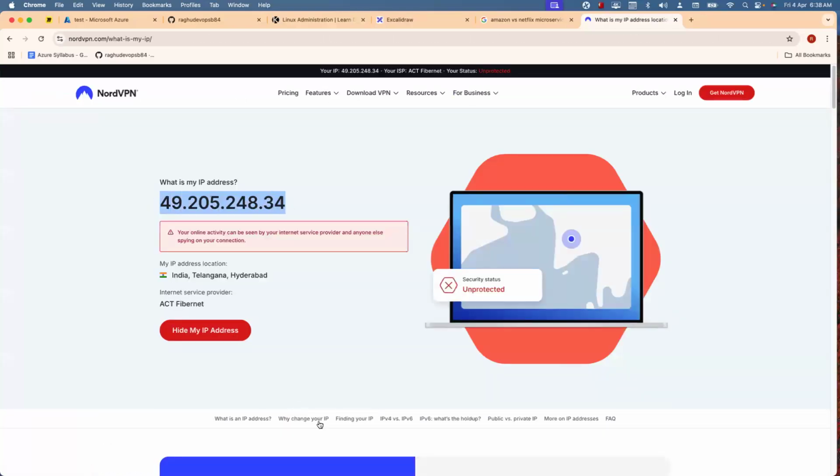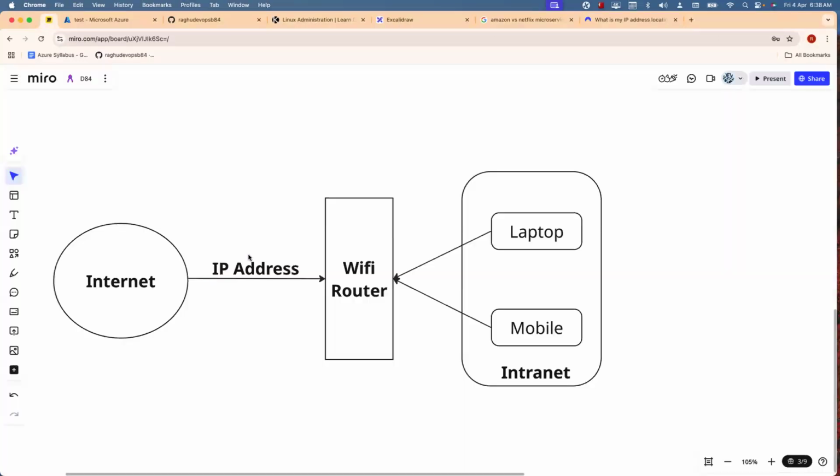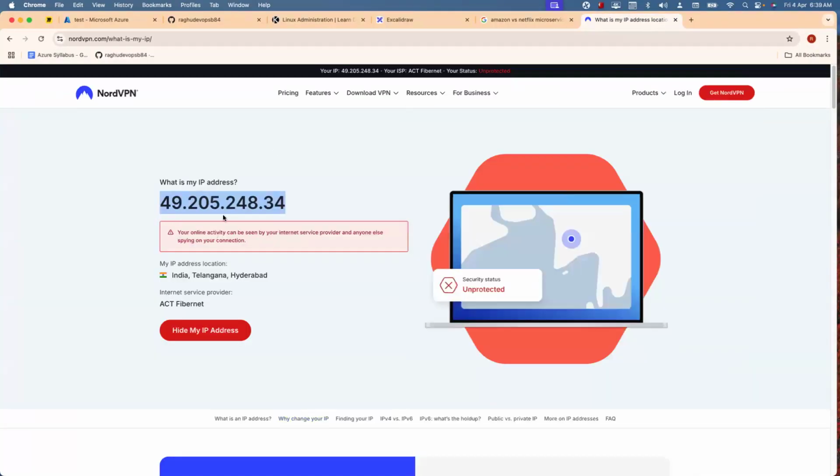So this is my IP address. If I look in my system, I see one address, but the moment I go to the internet and check my information, I see this 49.205.